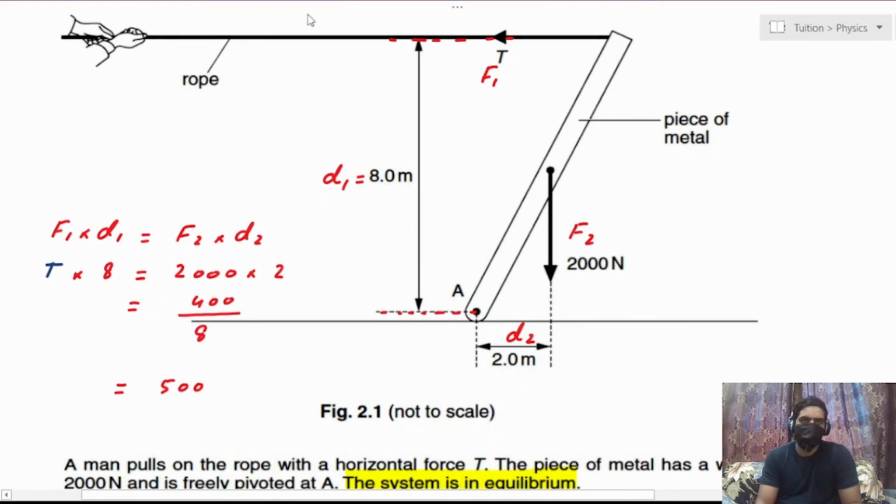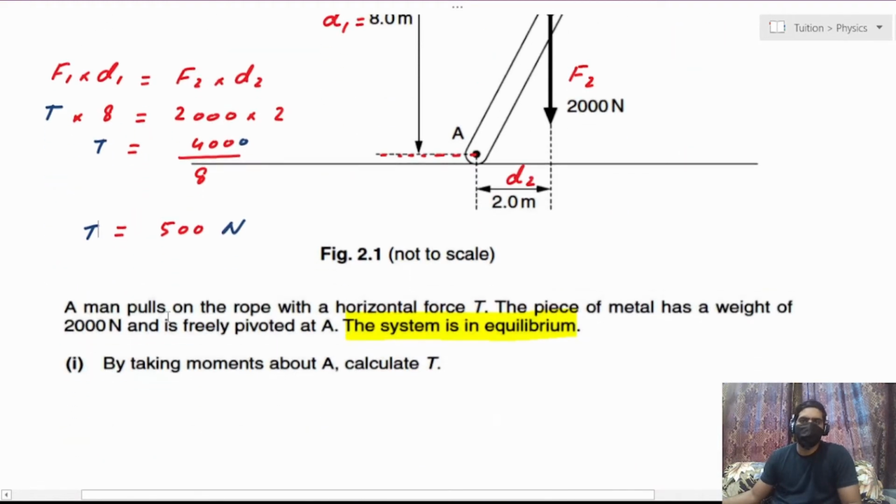All right, so T would be 4,000 divided by 8. 8 fives are 40, and 2 zeros follow as it is. So the force T has to be 500 newton.